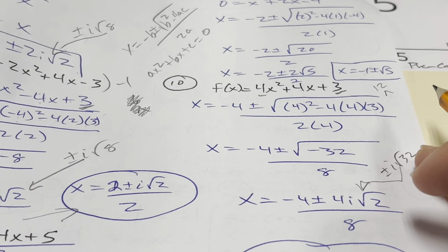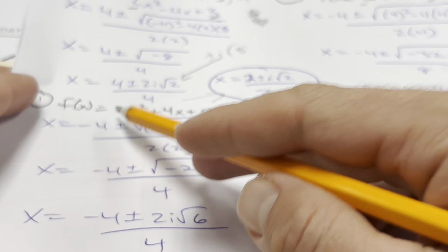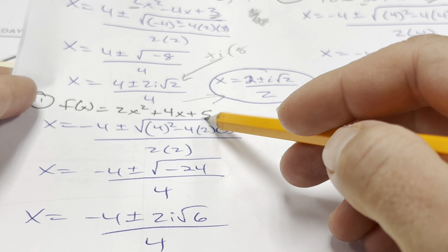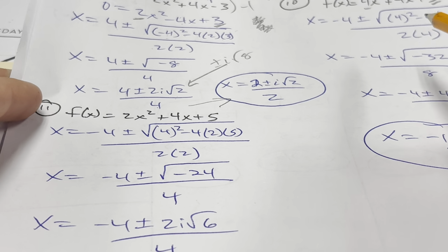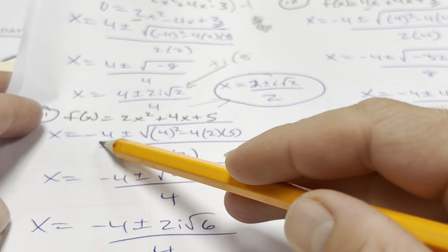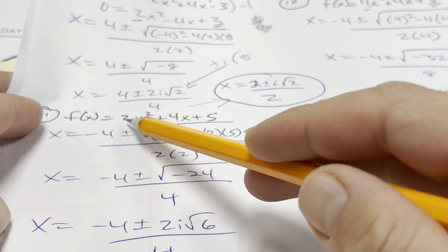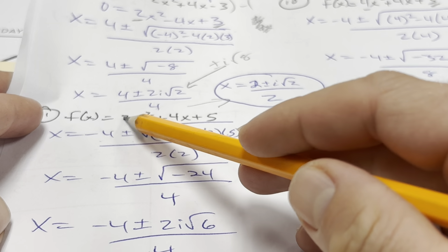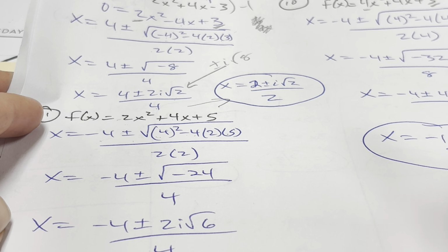All right. And then 11, a lot of i's. Again, 2 times 5 is 10. Can you think of two numbers that multiply to 10 and add to 4? No, you cannot. So x equals the opposite of b plus or minus the square root of b squared minus 4ac all over 2a. 16 minus 40 is a negative 24.